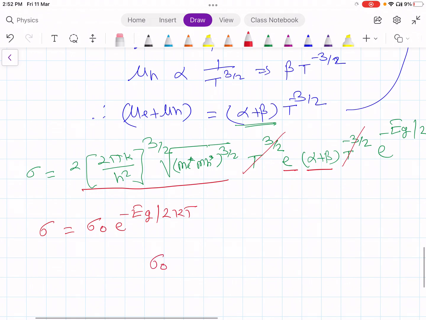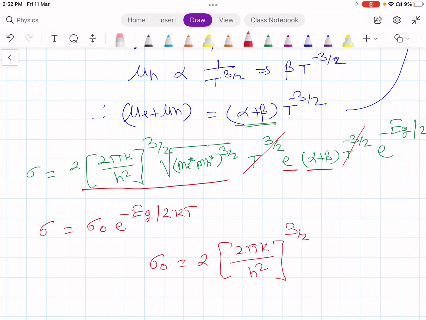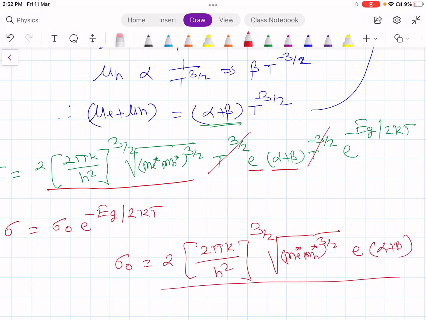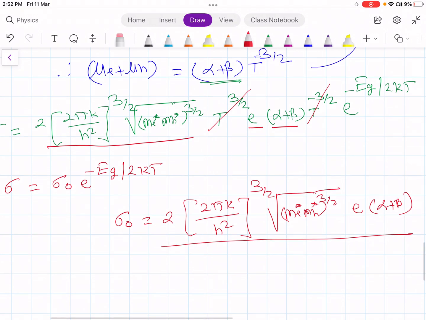And this sigma naught is equal to 2 pi k upon h square raised to 3 by 2 square root of me star mh star bracket raised to 3 by 2 into e into alpha plus beta. So this is constant.